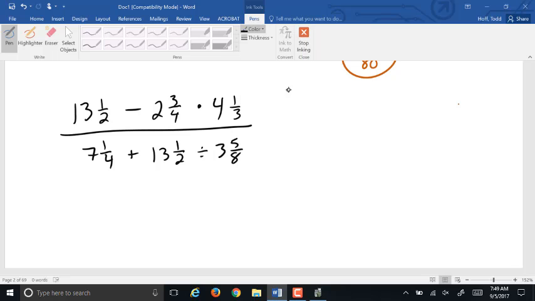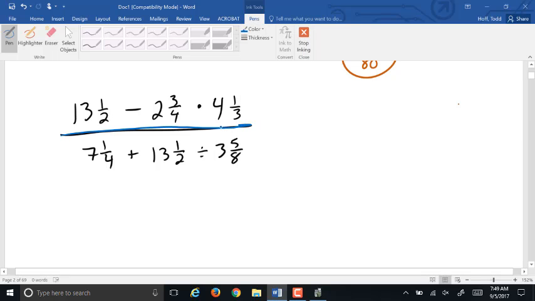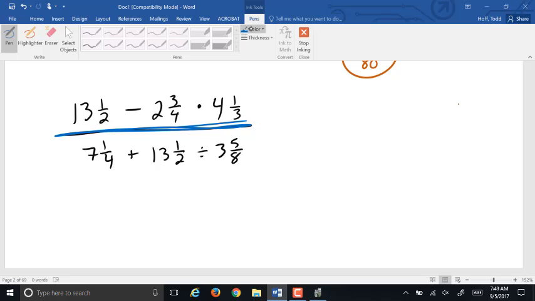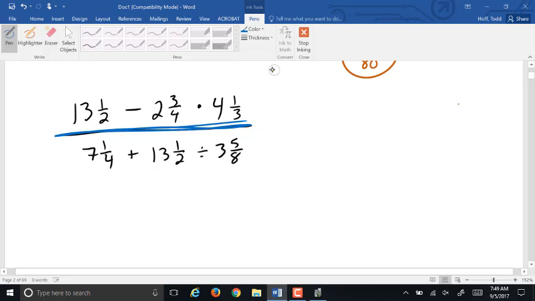So in a problem like this, remember this fraction bar here is telling us to divide, but it's also an enclosing symbol. So it's telling us we have to do everything on top first. So let's do everything on top first.